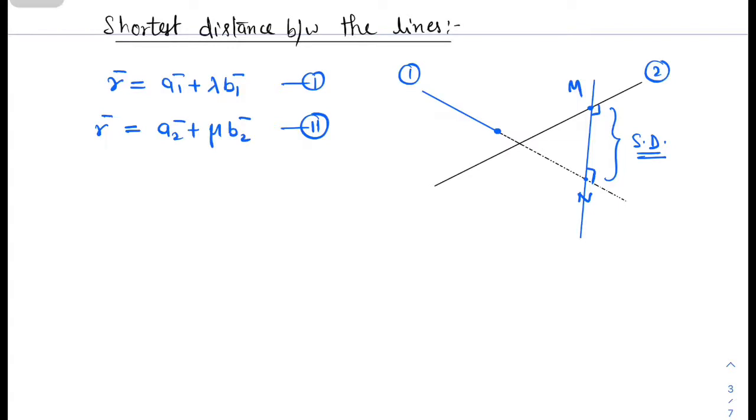So how to calculate this distance? You can see, in order to calculate this distance, we can use the projection of any vector upon the direction which is parallel to this MN. Okay, this MN is perpendicular to both line 1 and line 2.